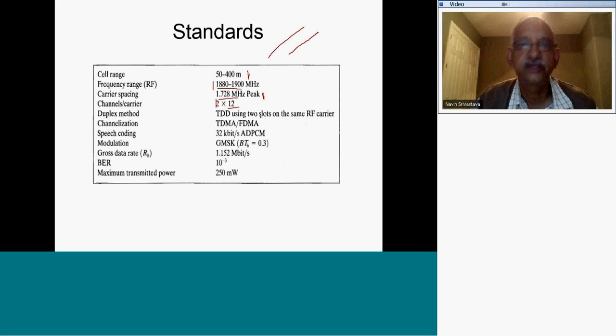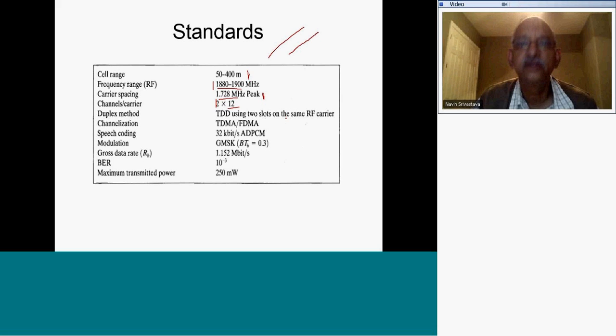So if you have one frequency, then you are using two slots. So actually you have 12 into 2, that means 24 frequency and time slots that are available on this complete RF band.